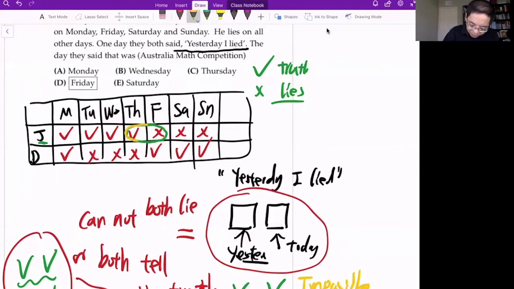For Dieter, he could have more options, like right here, or also here. But if you combine, that's the common combination that works for both of them. Clearly you get Friday. So Friday is the day that both of them could say, "Yesterday I lied," and still be consistent with the given rules. So the answer is Friday.